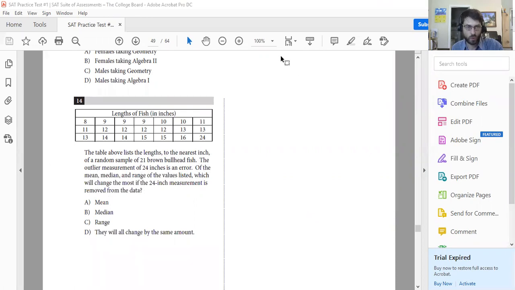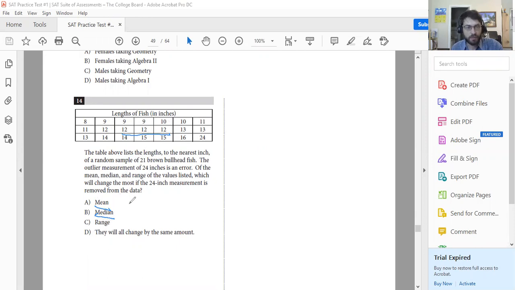So for the mean you'll be dividing all that by 21 samples, they said. So the mean won't change a whole lot. The median should probably not change at all. You have a bunch of these 12s in the middle, so at most it could just change by like 1 or so.